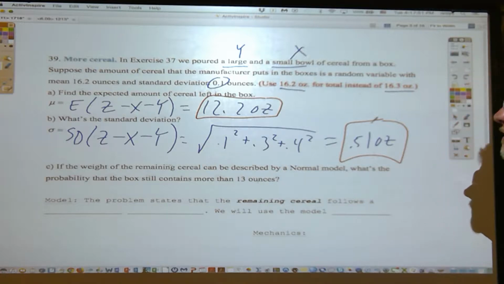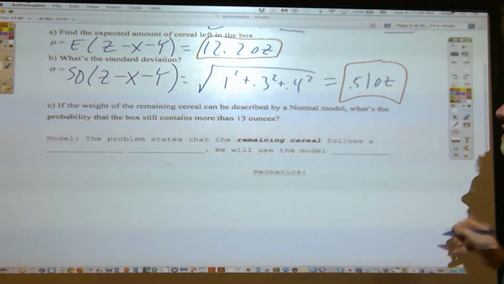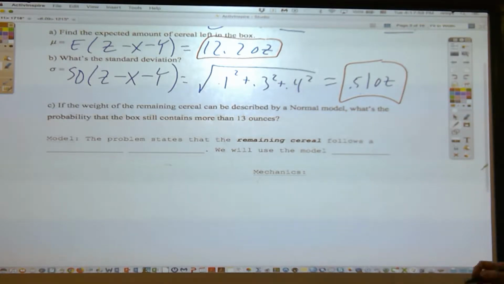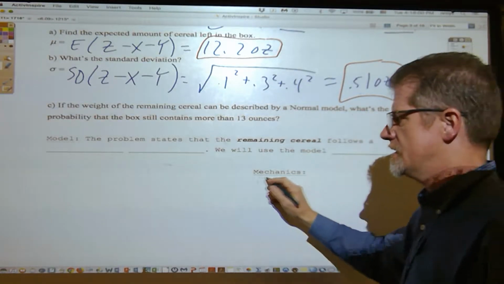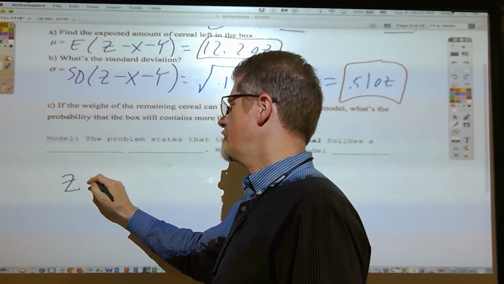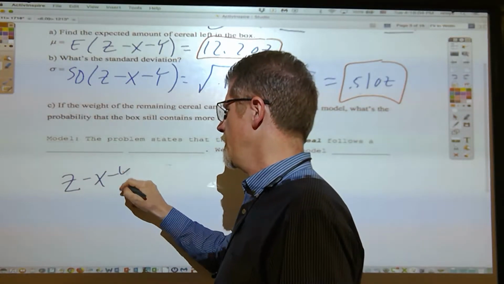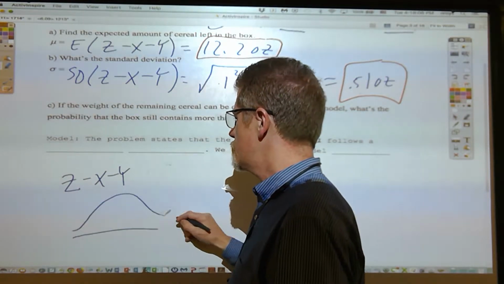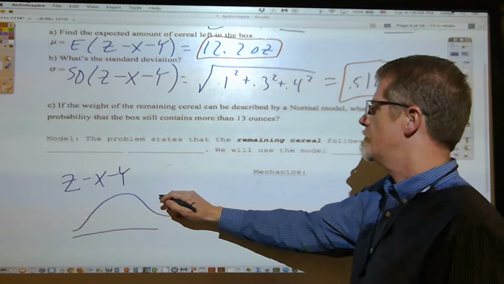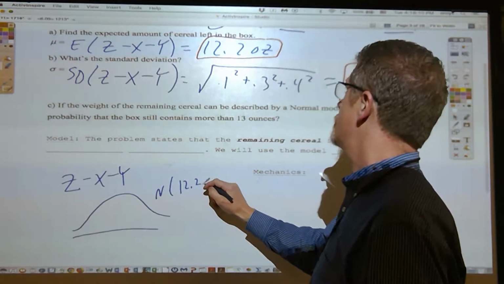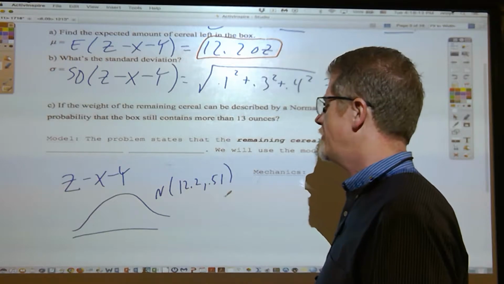So now in part C, if the weight of the remaining cereal can be described by a normal model, what's the probability that the box still contains more than 13 ounces? So we need to get a distribution for Z equals X minus Y. It's a normal distribution, so draw a bell curve. Its mean is 12.2 ounces with a standard deviation of 0.51 ounces.